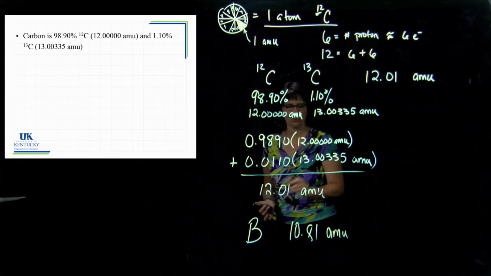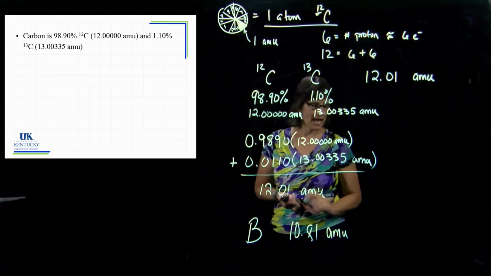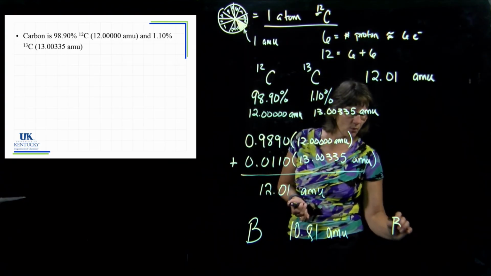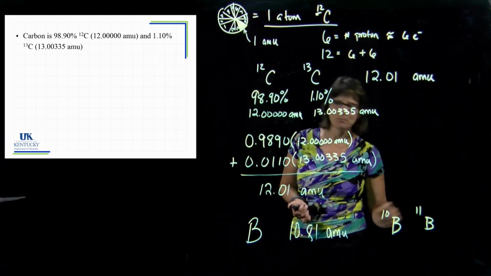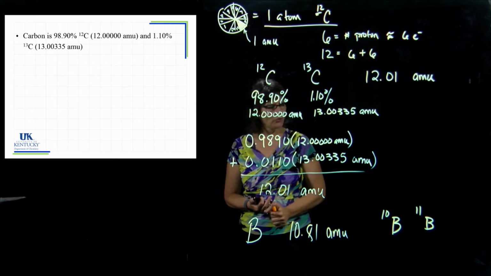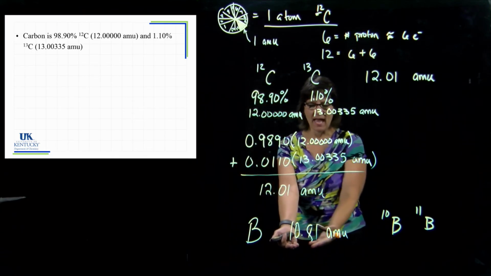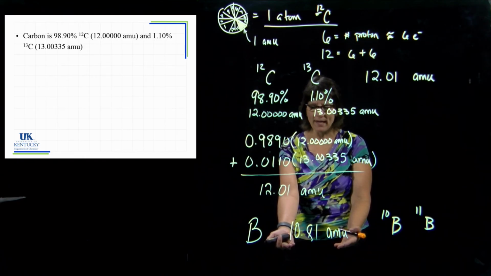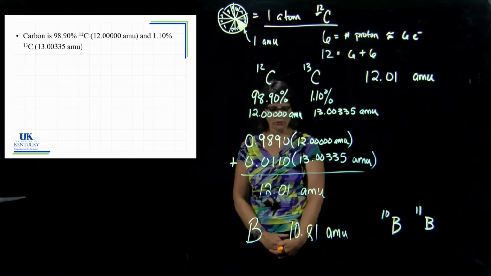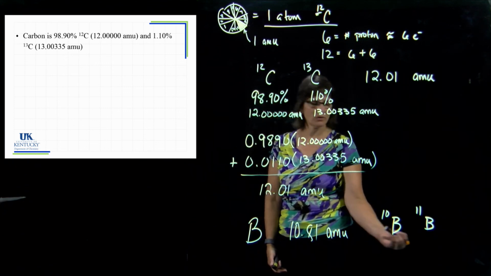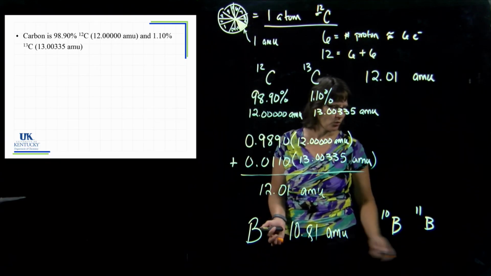Now, you can't know this by looking at the periodic table, but if I told you that boron has 2 major isotopes, boron-10 and boron-11, could you tell me which you had more of in nature? Remember that the average here is a weighted average of the relative abundance of those two isotopes. So which one is it closer to? Is it closer to boron-10 or boron-11? Well, 10.81 is closer to boron-11.